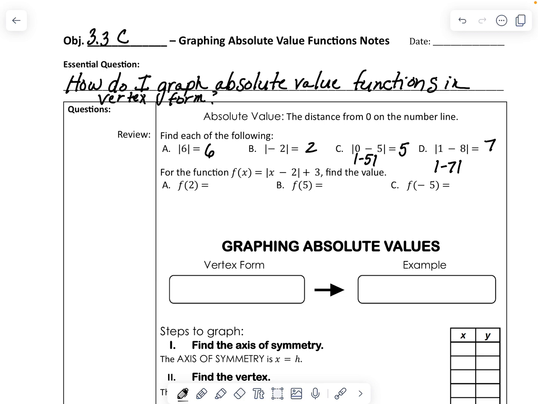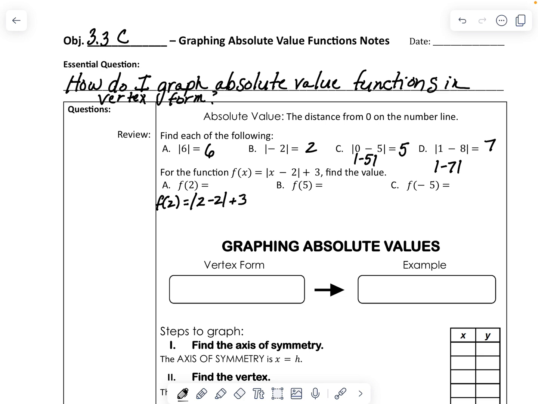All right, so let's do an example. For function f of x equals the absolute value of x minus 2, plus 3, let's find the value. So let's do f of 2. So I'm going to do 2 minus 2, absolute value, plus 3.